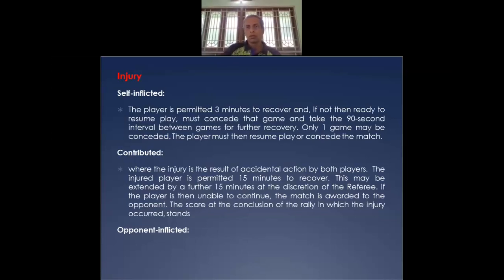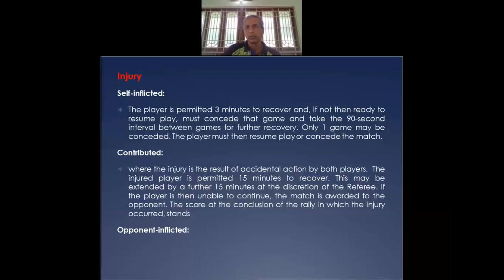So self-inflicted is permitted 3 minutes to recover. And if he's not able to recover in the 3 minutes, he can concede a game, take the game break, wait 90 seconds or 2 minutes, whatever the game break is, in addition to the 3 minutes. If he's still not able to come back on court and resume play, he has to concede. So that's the self-inflicted time permitted.